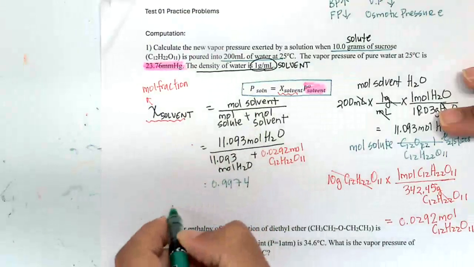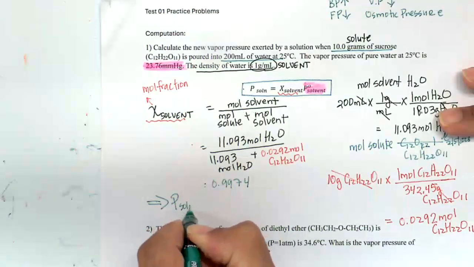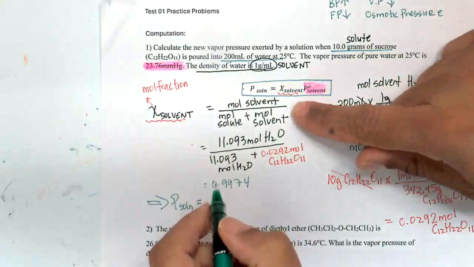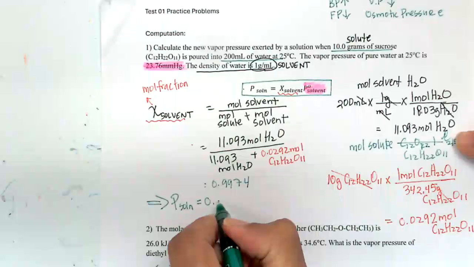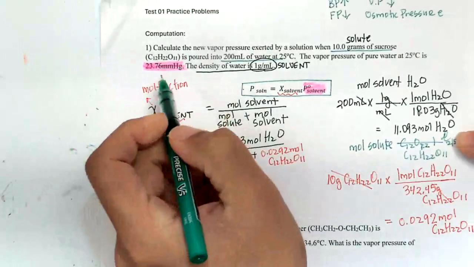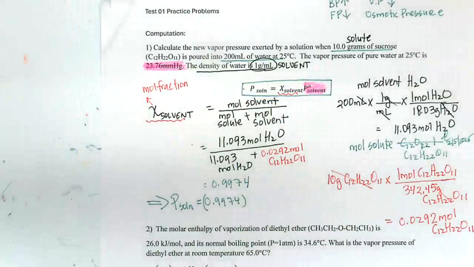So let's utilize this equation here. P of the solution, the vapor pressure of the new solution, is the mole fraction of the solvent, 0.9974, times neat, or solvent by itself, which is 23.76 millimeters of mercury.